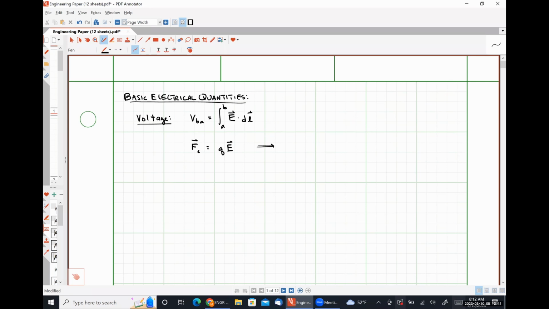And we can rearrange this to say that our electric field vector E is simply 1 over charge times our force. I'm going to substitute that relationship up into the previous equation. And since charge does not depend on position, that 1 over Q term is going to come outside of the integral. So I'm going to have voltage is equal to 1 over Q times the integral from A to B of F dot dL.